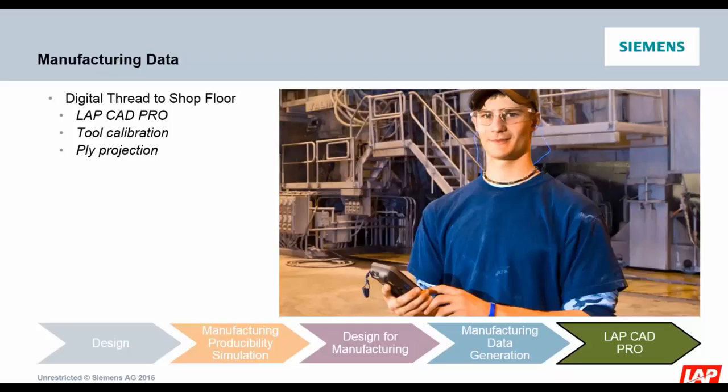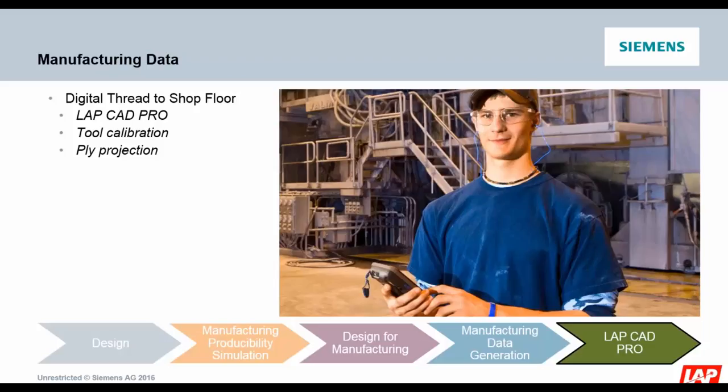With LAP, we actually will exchange data directly to LAP CAD-PRO. We are providing data for both tool calibration and for ply projection. And in that ply projection is all of the design for manufacturing data. It includes the important information about fiber orientations and critical areas of the part.